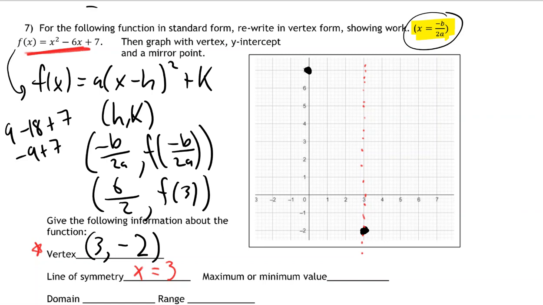What about using this a value though? If a is positive, the parabola opens up. If a was negative, it would have opened down. So if it's opening up, this bottom point is a minimum, which is good because it barely fits on our graph anyway. But the minimum value comes from the vertex. So the question is not at what x value is there a minimum, but what is the minimum value.